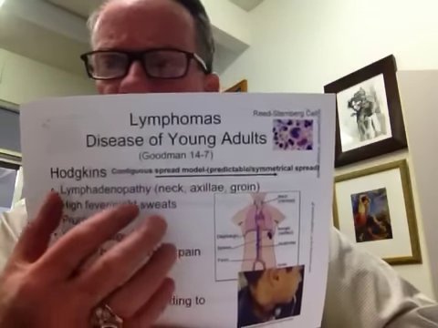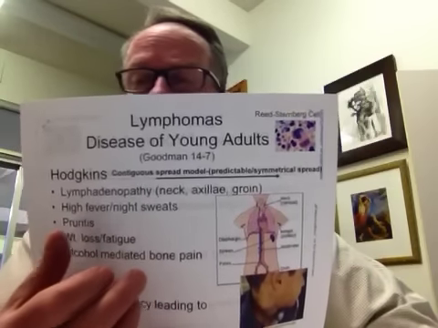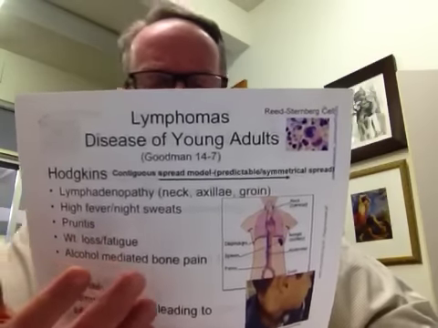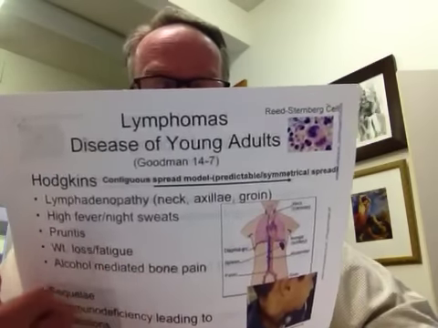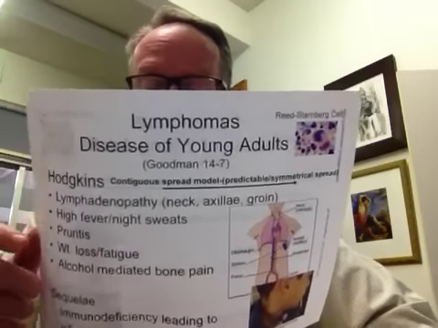The reason I include this histological slide is here's the dysplastic cell called the Reed-Sternberg cell. And the signs and symptoms, obviously enlarged lymph nodes, night sweats, itching, known as pruritus, we've talked about that, weight loss and fatigue, and alcohol produces bone pain.